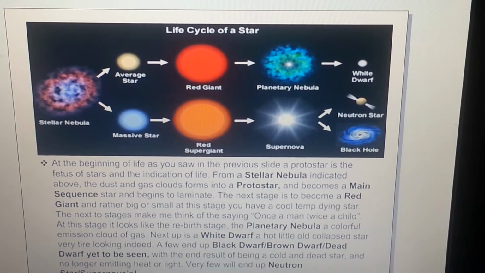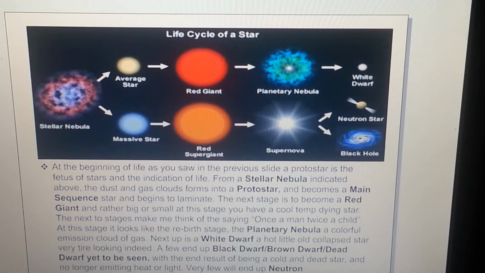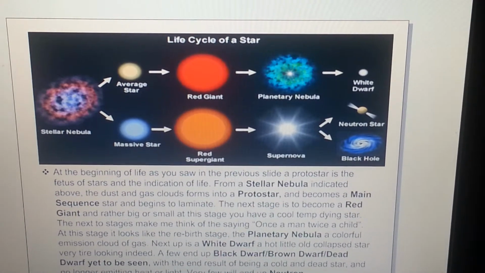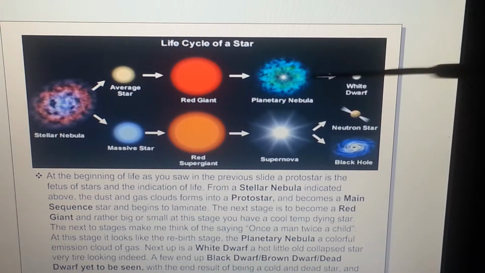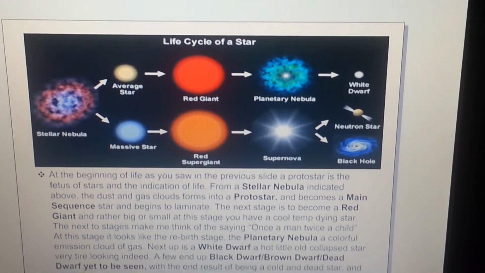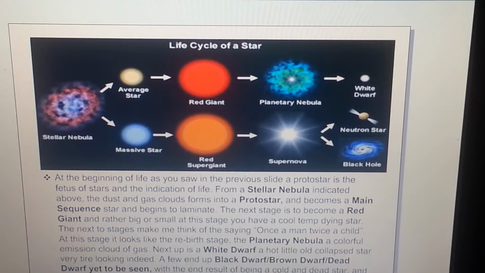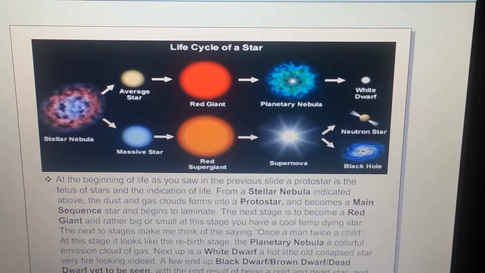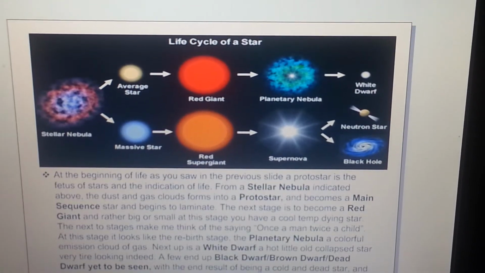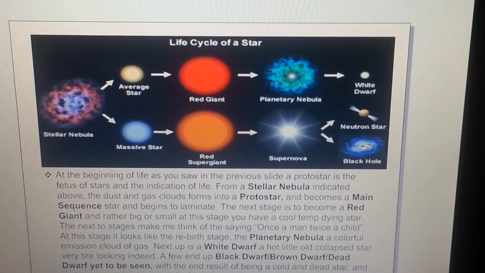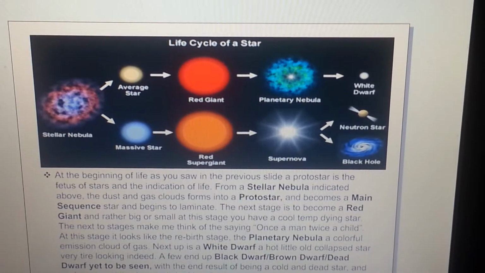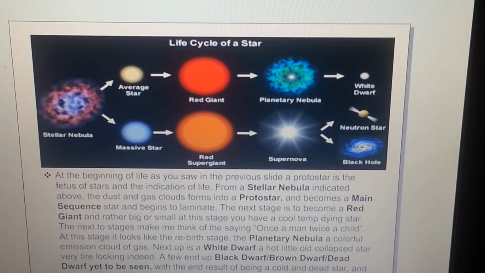The next stage reminds me of once a man, twice a child, because how it starts is how close it ends up, dust to dust, pretty much, so to say. It's like a rebirth: the planetary nebula, a colorful emission of gas, a cloud of gas. Next up is the white dwarf, a hot little old collapsed star. Very tired looking indeed.